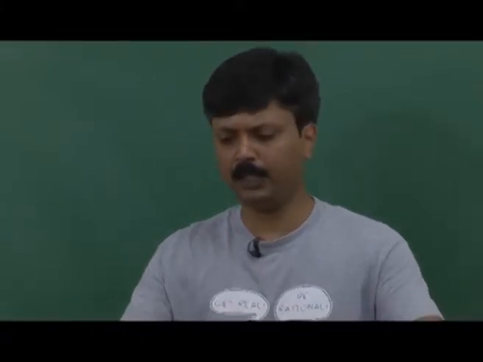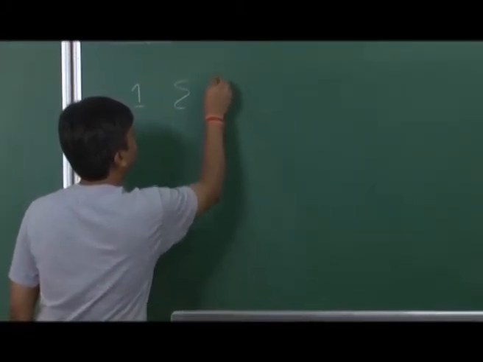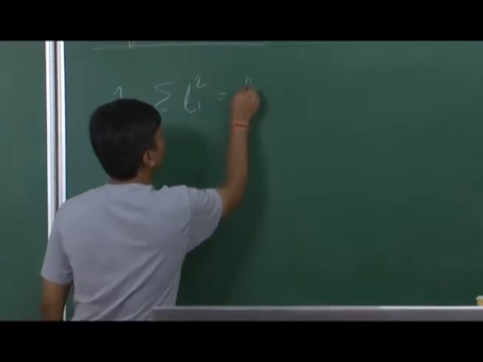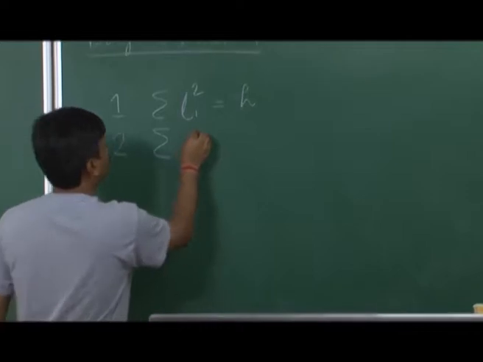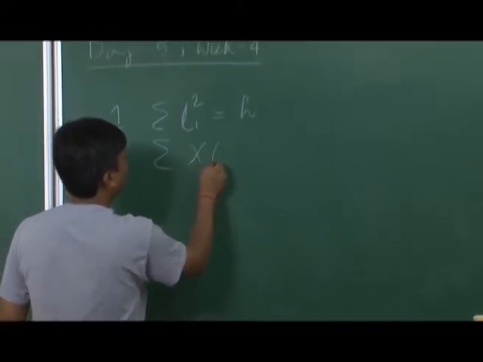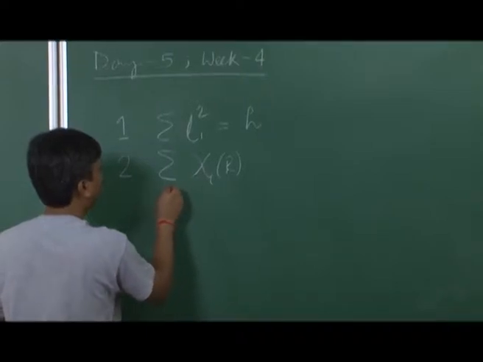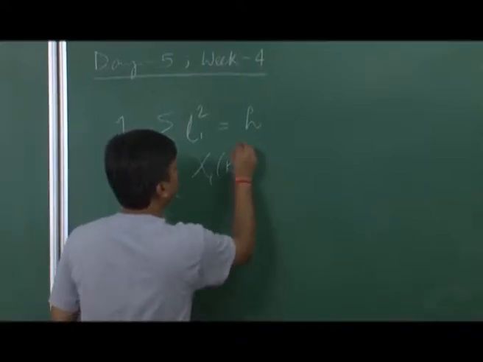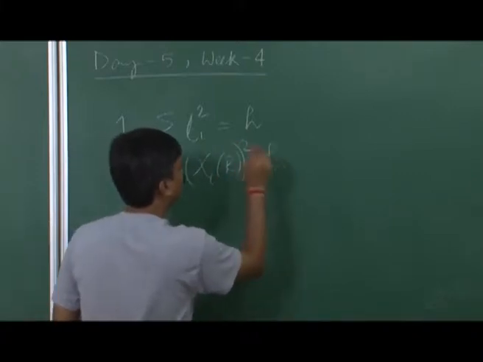The first rule was that the sum of dimension squares is equal to the order of the group. Second, we found that the sum of the characters squared for any given irreducible representation is also equal to the order of the group.